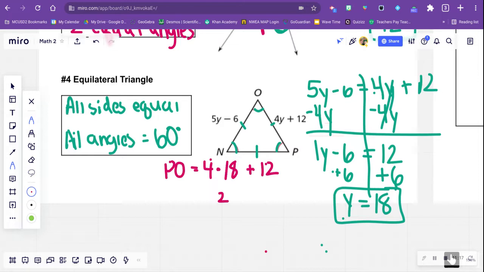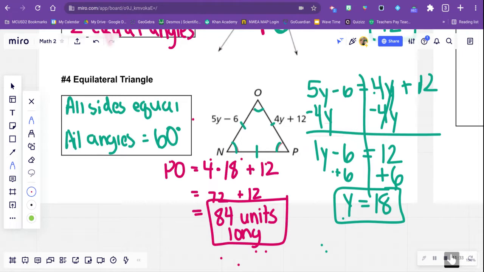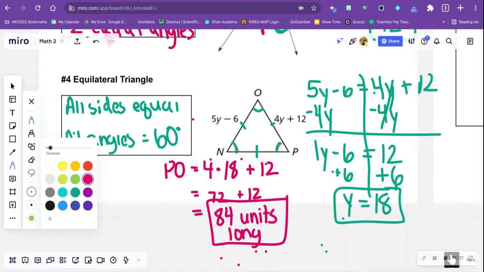Carry the 3. So that's 72. Plus the other 12. That was part of the equation. That's going to give me 84. So all of the sides would be 84 units long, all the way around.